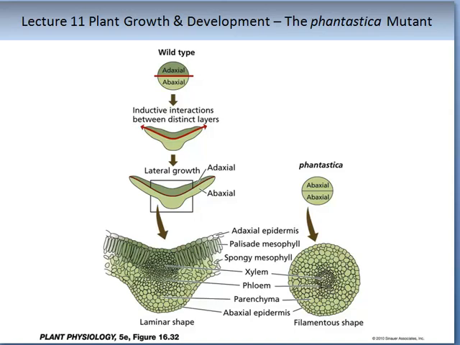This leads to inductive interactions between the distinct layers. Lateral growth follows, and you can see abaxial and adaxial growth. While in the mutant you only get abaxial growth, and this results in a filamentous shape as opposed to a laminar shape.